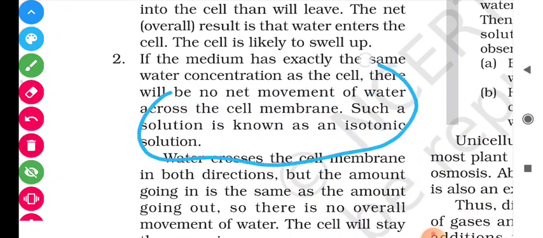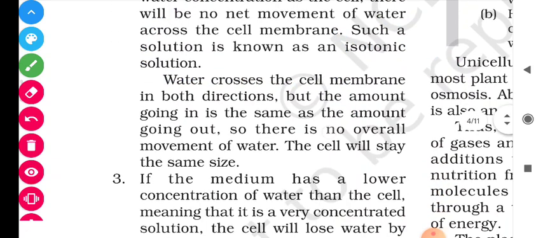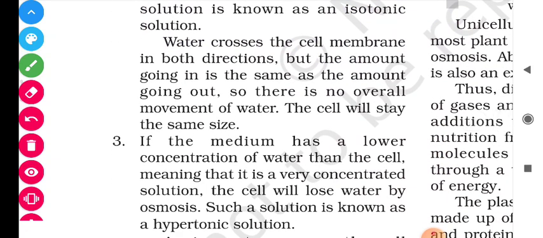Means water will not enter into the cell or exit from the cell. Okay, chaliye. Water crosses the cell membrane in both directions, but the amount going in is the same as the amount going out. So there is no overall movement of water. The cell will stay the same size.